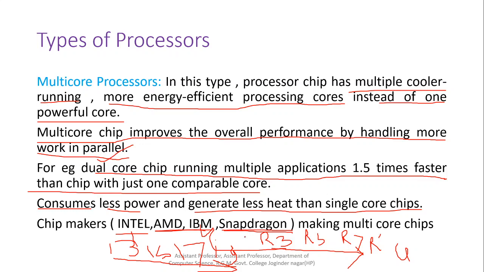The main difference in these series is the cores, the processing power, and the handling of multi-threading. The more cores, the more threads are generated by that processor, and the more the processing speed of that particular processor.